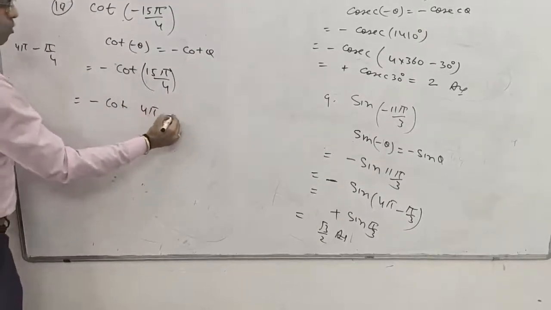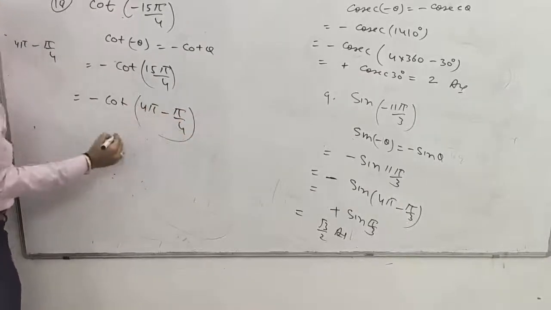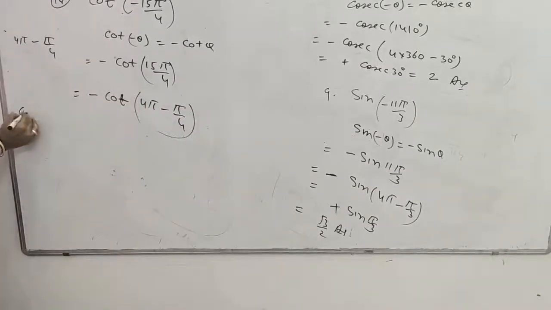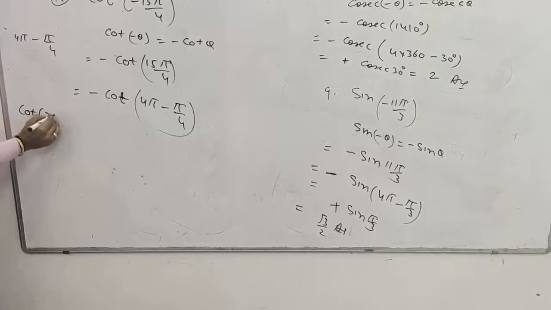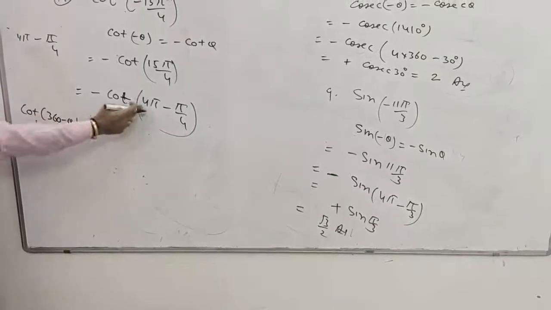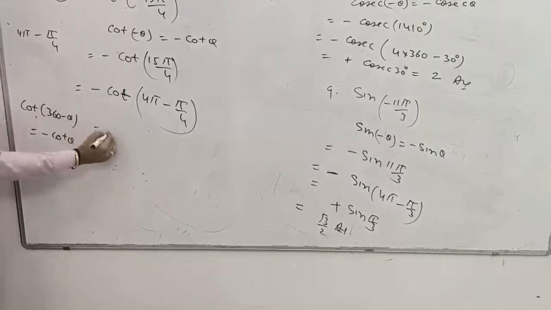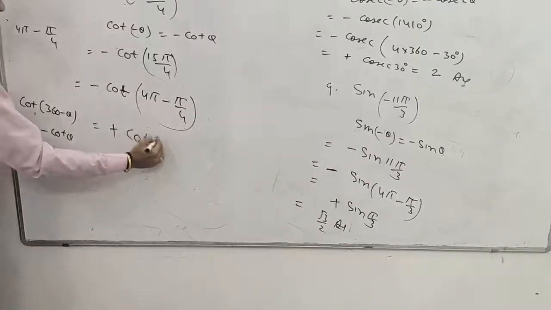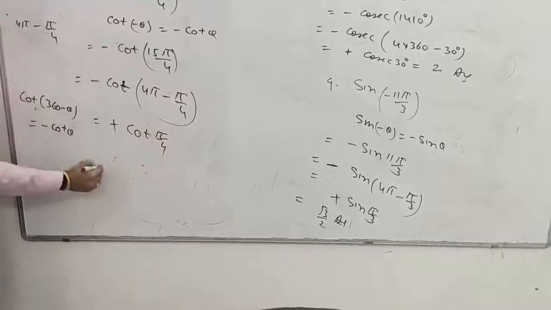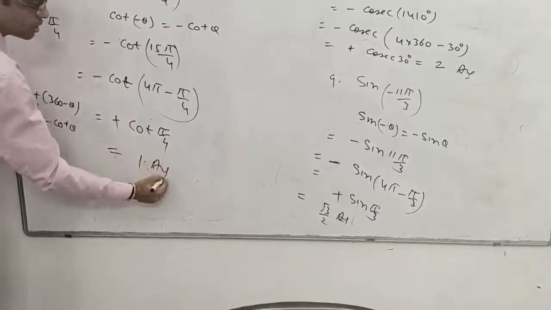So we can write 4 pi minus pi by 4. And cot 360 minus theta. 360 means 2 pi. Cot 360 minus theta is minus cot theta, and outside is minus, so plus. So cot pi by 4, and cot pi by 4 is 1. So this is our answer.